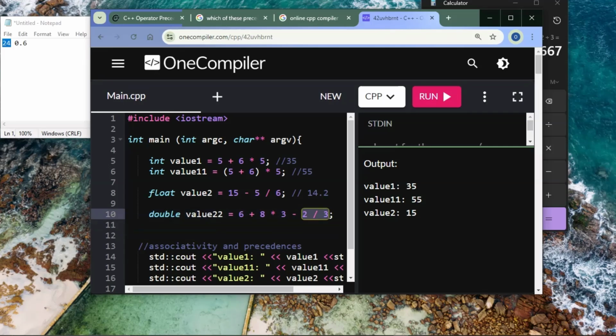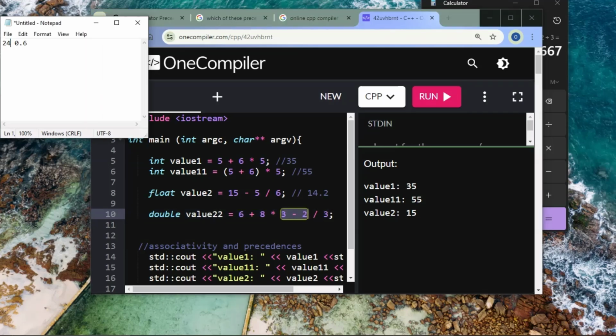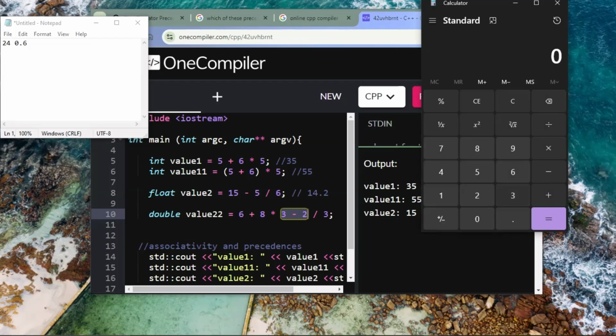The next thing is addition, left to right associativity. So we're going to add 6 plus 24. That's 30, so our value here should now be 30.